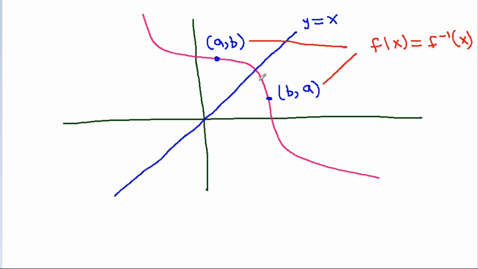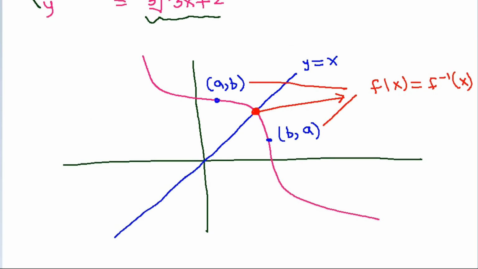And the point of intersection of y is equal to x and the graph is also a solution of f(x) is equal to f inverse of x.